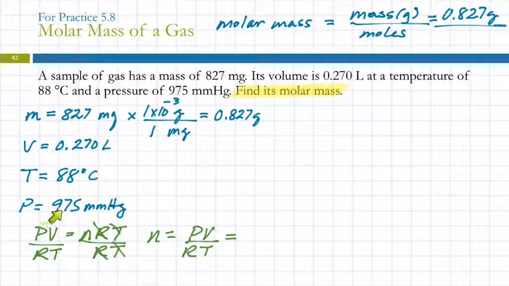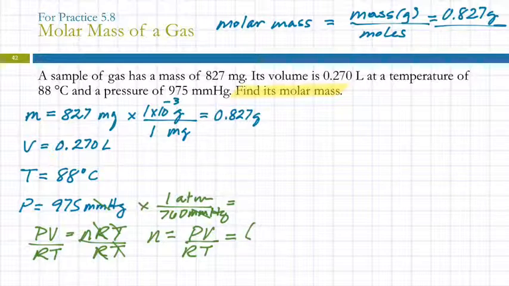So my pressure was given in millimeters of mercury. Does that work? No, it doesn't. 1 atmosphere per 760 millimeters of mercury. Now, what you can do, and if this works for you, it can save a little bit of time, you can write the 975 divided by 760, and that's in atmospheres.